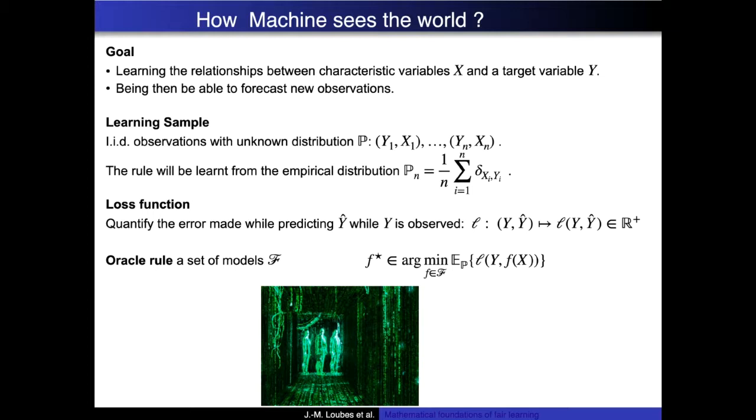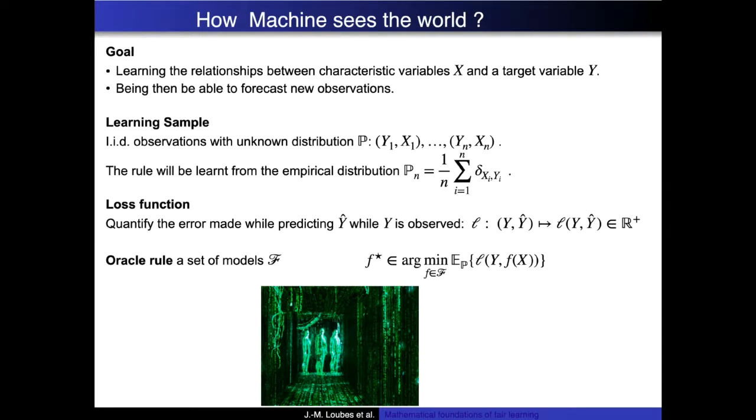In fact, they look at the unknown distribution P of the couples of variables, the target and the variables, yi, xi. They do not know this distribution, but they just have access to the observations, which follow the empirical distribution that is called Pn. So the aim of machine learning is to design a model, I mean a function f, taken in a collection of models that we call capital F, that minimizes a criterion in mean.